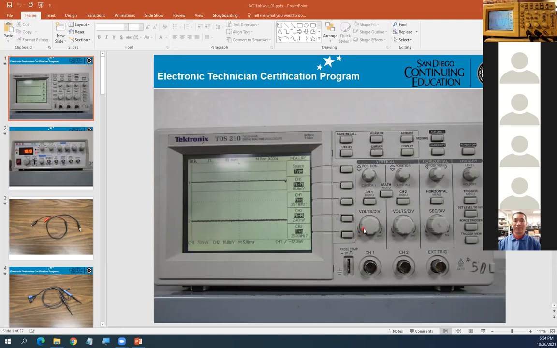So if you set the scope to 2 volts, that means each division will be 20 volts. So it's 10 times 2. So that means you can measure up to 160 volts, because it's 8 times 2, which is 16, and times 10 is 160.